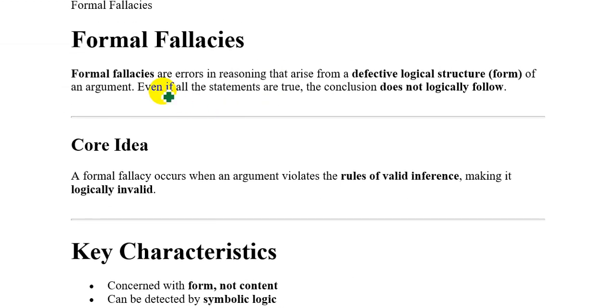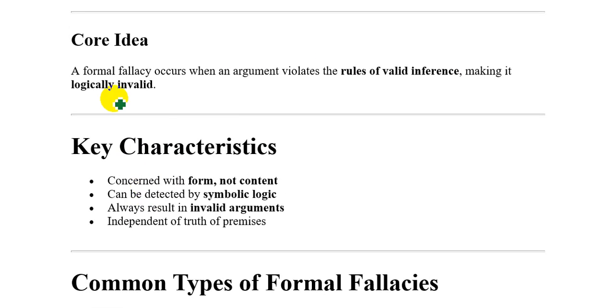Formal fallacies are errors in reasoning that arise from defective logical structure, that is, the form of an argument. Even if all statements are true, the conclusion does not logically follow. The core idea is that a formal fallacy occurs when an argument violates the rules of valid inference, making it logically invalid.